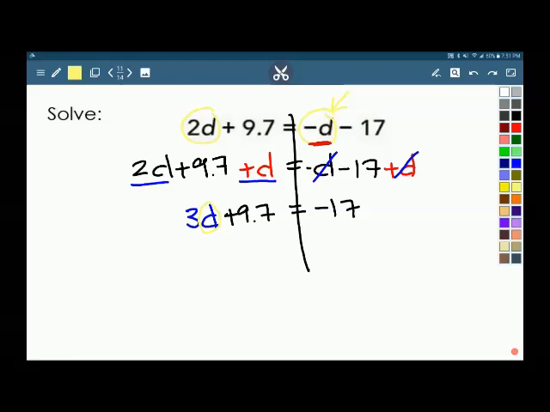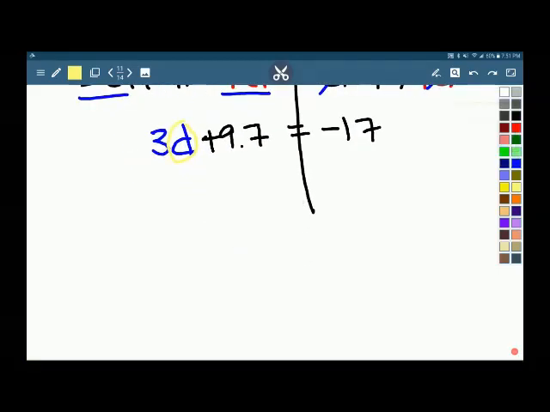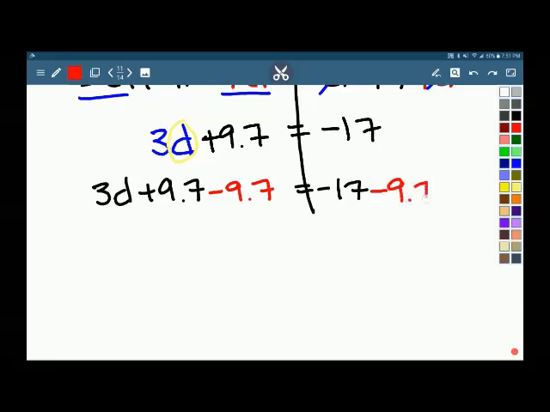and the 9.7. Look for addition or subtraction first, so we got to get rid of that 9.7. Scoot everything over. And since 9.7 is positive, we want to subtract it from both sides to get it to become 0. So positive 9.7 and negative 9.7 get canceled out or become 0.